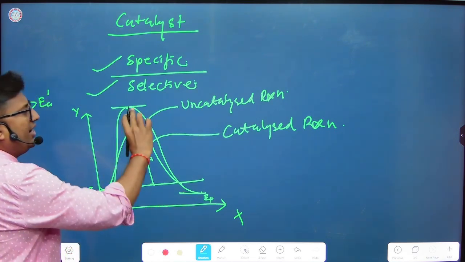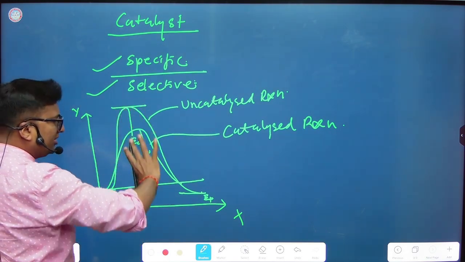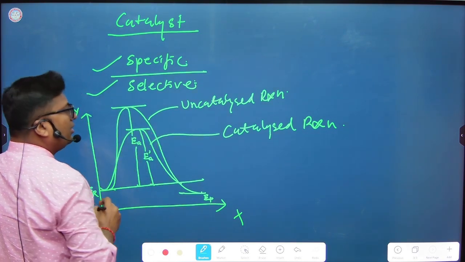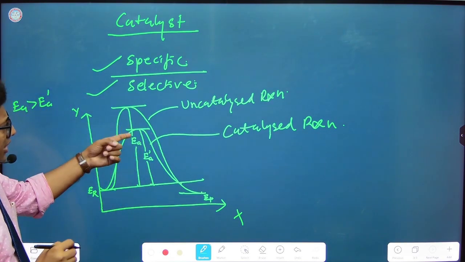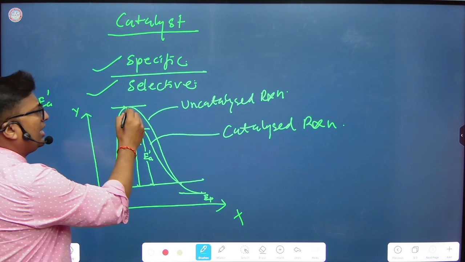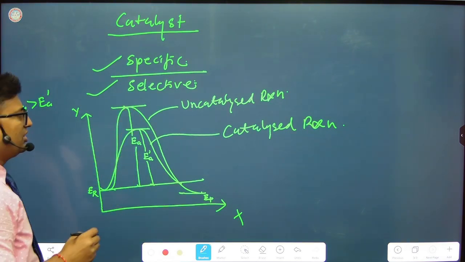But after addition of a catalyst, the barrier of this height is reduced. Now this point is a new transition state. So this is the uncatalyzed transition state, and this is the catalyzed transition state.